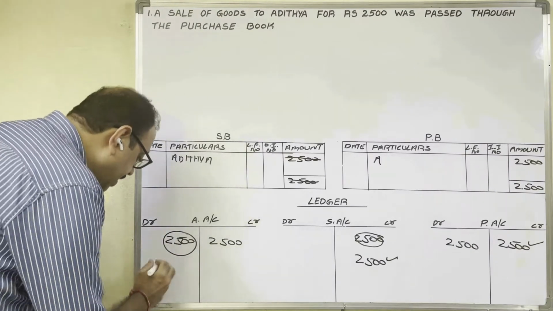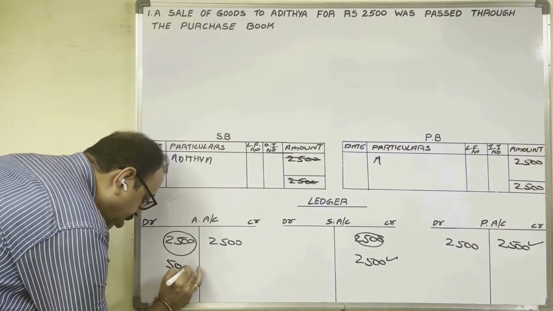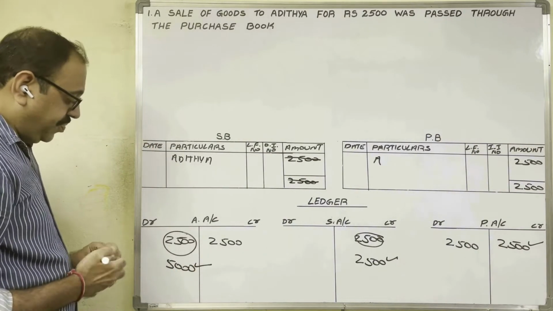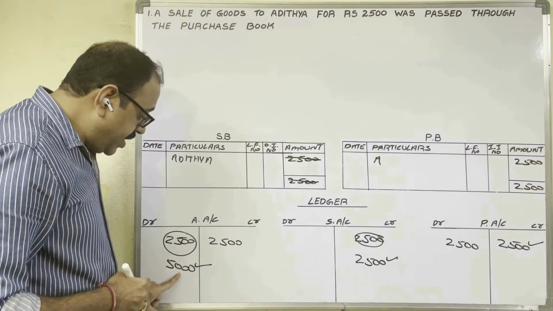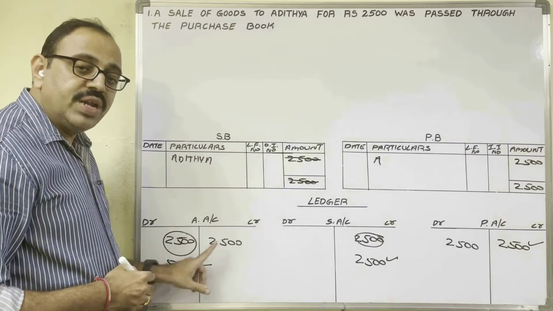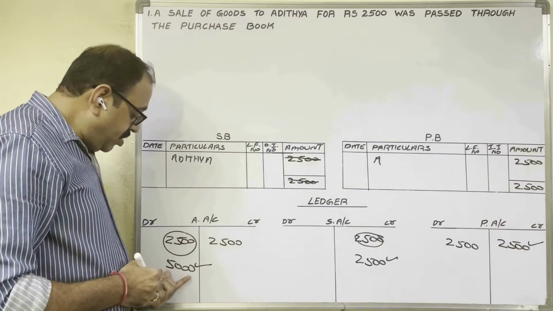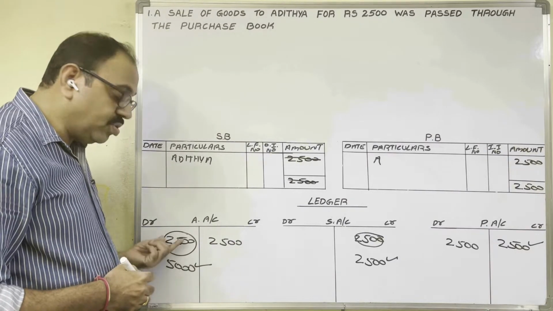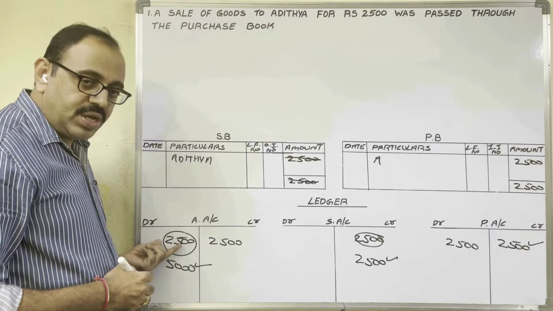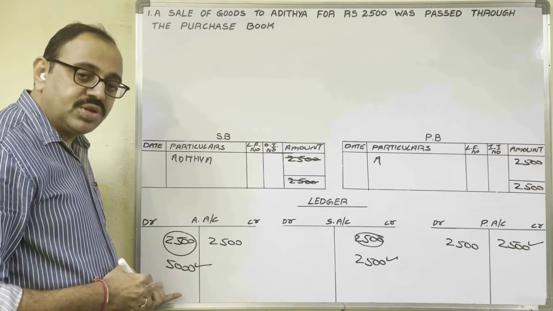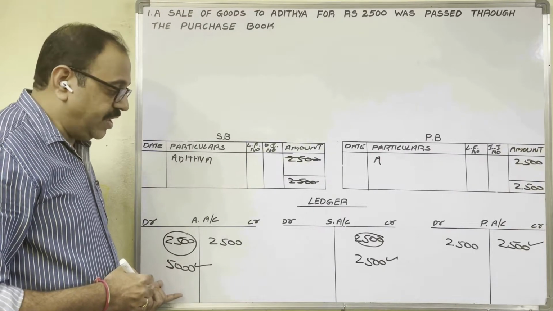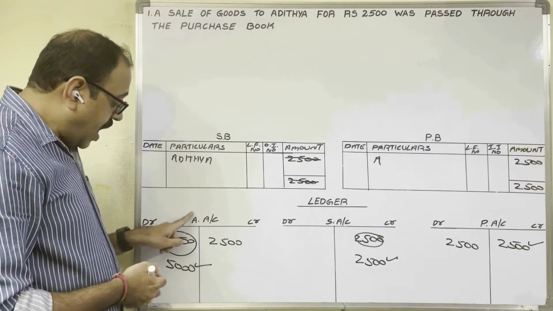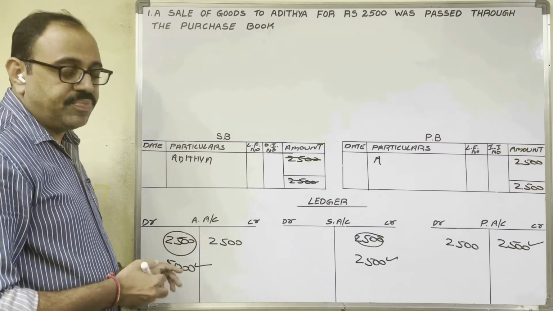If you debit 5,000 rupees in Aditya account, then this 2,500 and that 2,500, both will get cancelled. In 5,000, if 2,500 is cancelled, remaining amount is 2,500 only. We need that only. Debit side, we need 2,500. Finally, in Aditya account, debit side answer came.